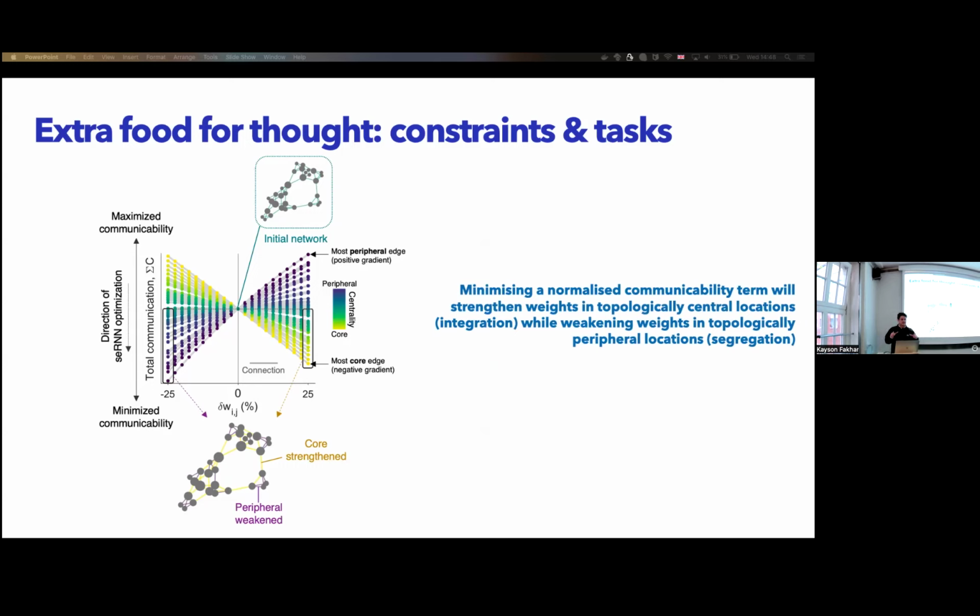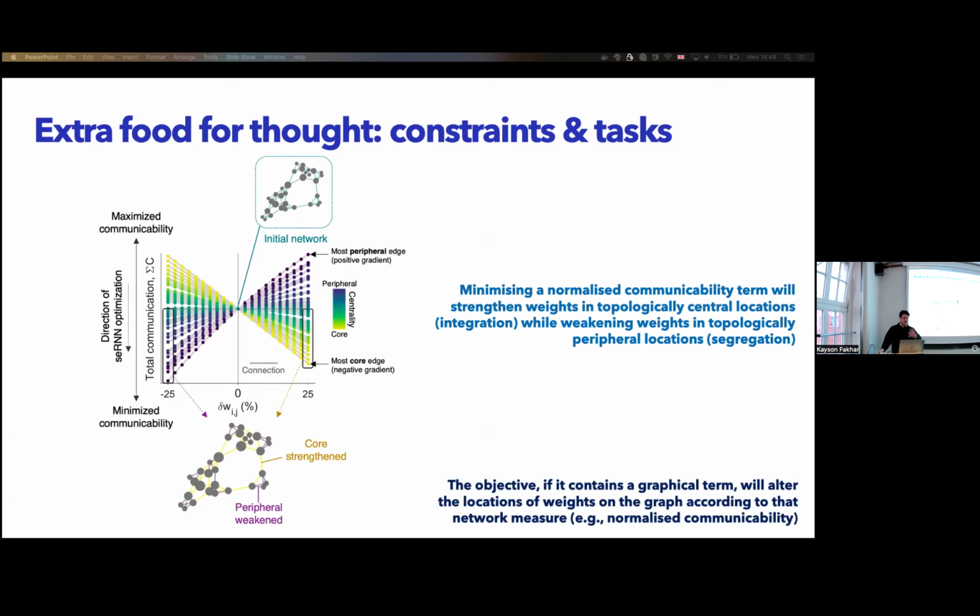And so basically this is me trying to get at why these RNNs, when you optimize them, have particular weighted structures. What you'd hypothesize is maybe you would have these modular structures, but the weights would be more on those edges that are more central. So this way of thinking is something I'm quite interested in: what happens to the weights and the communication models and maybe more to dynamics as you optimize these networks to do something given a constraint.